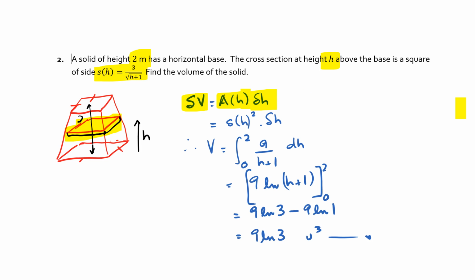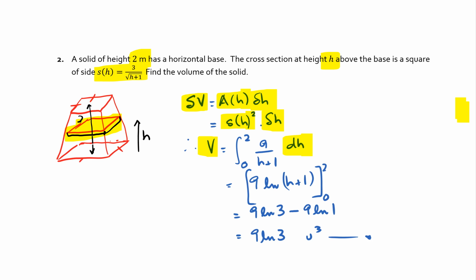So when we substitute in, then the area of the face, because it's a square, is going to be s of h all squared. It probably could have done with an extra bracket around there to show that it is actually the whole of s of h all squared, times delta h. So when we take it to its limit, the volume is the integral of, and dh, so I might as well use h here.